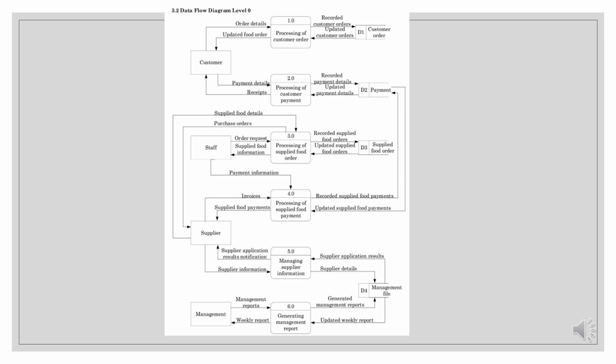It has one input which is supplier application result from the database 4. The output of the database 4 is update weekly report to the process, and one input is generate management report from the process. The process has one output which is weekly report to the management, and the management has an output which is management report to the process.